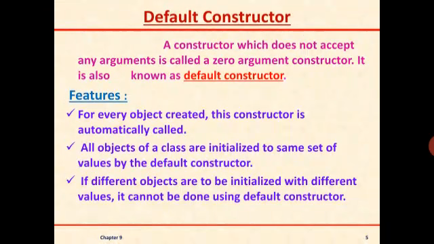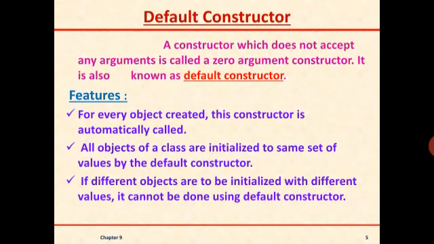Second feature is all objects of the class are initialized with the same set of values. If you have one object, it has the values of the constructor. You have a second object, again it will have the same values. You can create any number of objects, and all the objects will have the same values only. This I am going to show with the help of an example. Now you will learn.